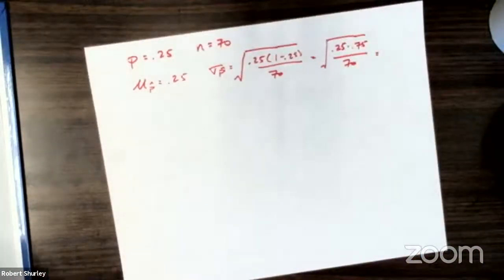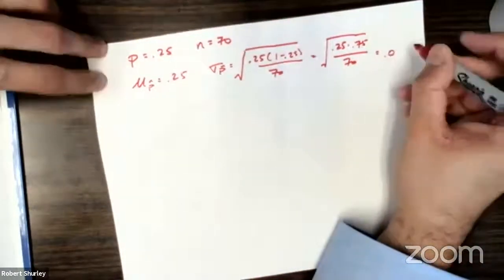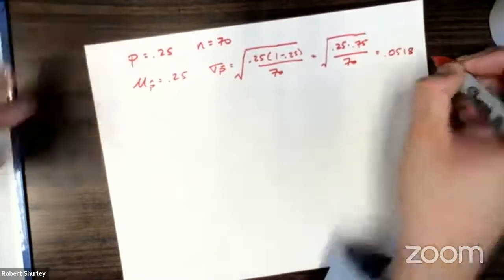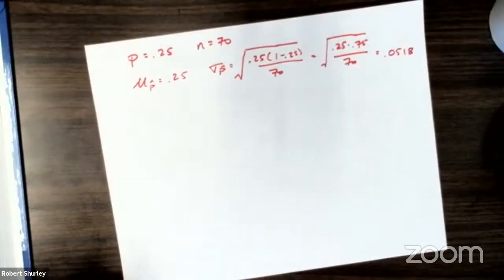And I'm just going to pop that in my calculator to make sure I get the same answer they do. So the square root of 0.25 times 0.75 divided by 70. Yep. 0.0518. They rounded at the 4th decimal place.